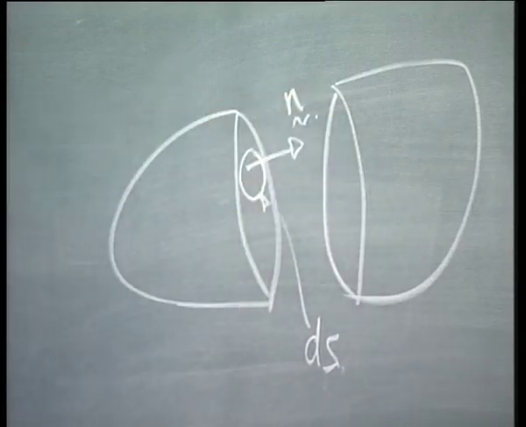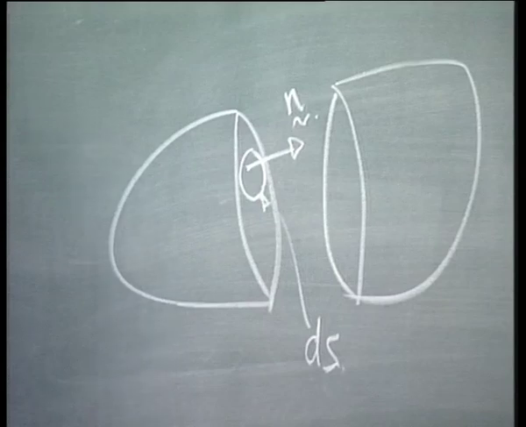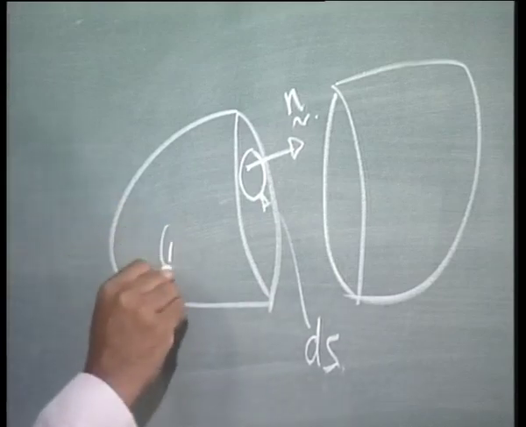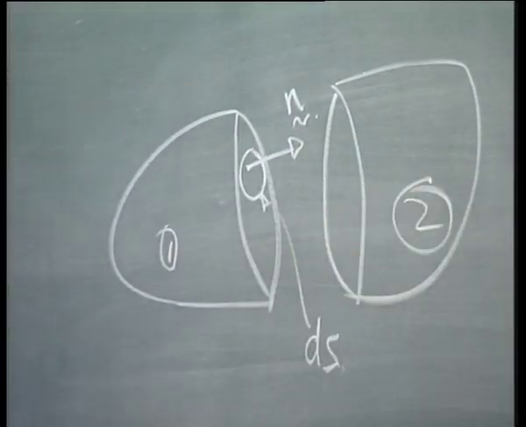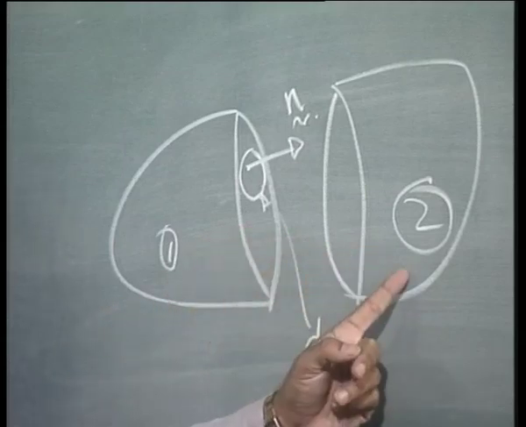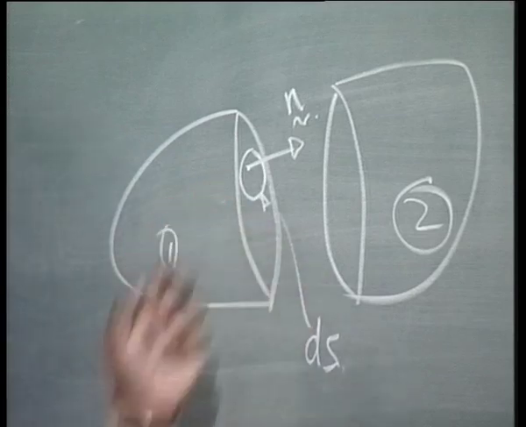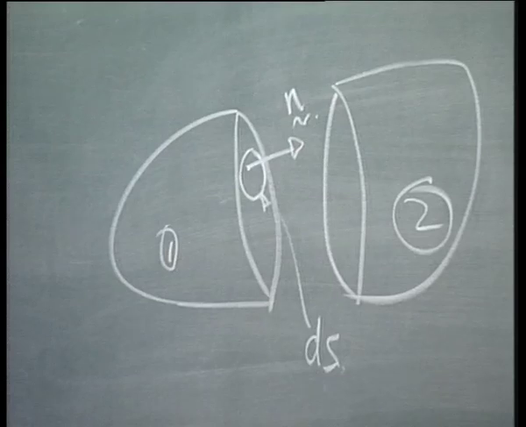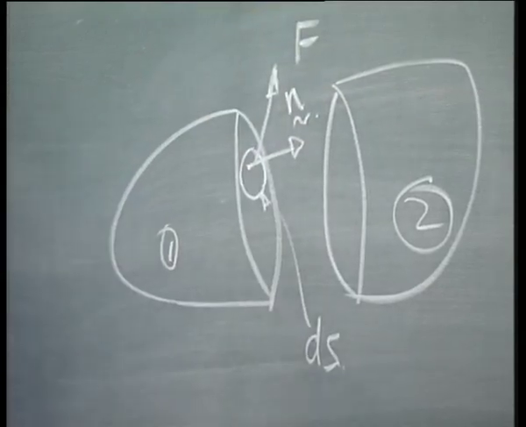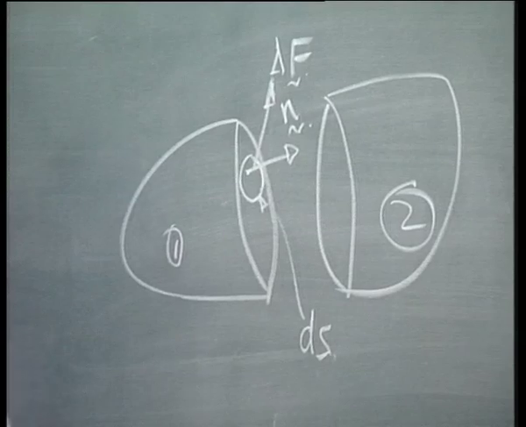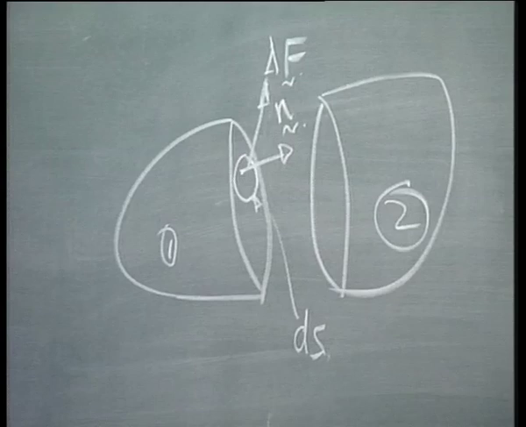It is obvious that if I call this one part of the body and the other the second part, then there is an influence of the second part onto the first part. The influence is through a force. Let us say that the influence at this point P is some F, or if you want you can say delta F. That is a force that is acting.